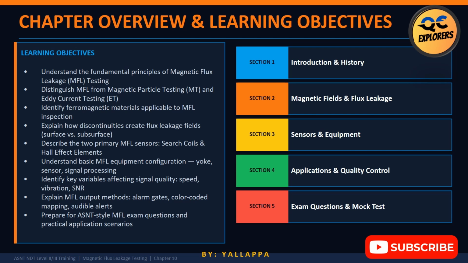Search coil. If the sensor detects static magnetic fields? Hall effect sensor. Remember this because it can save you easy marks in the exam. Finally, we will study equipment, signal quality, applications, and mock questions. Now let's begin with the origin of MFL.